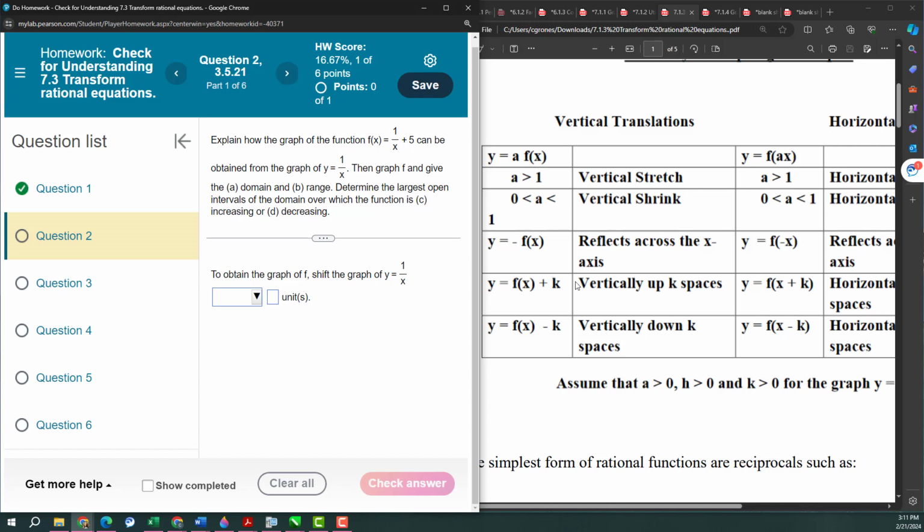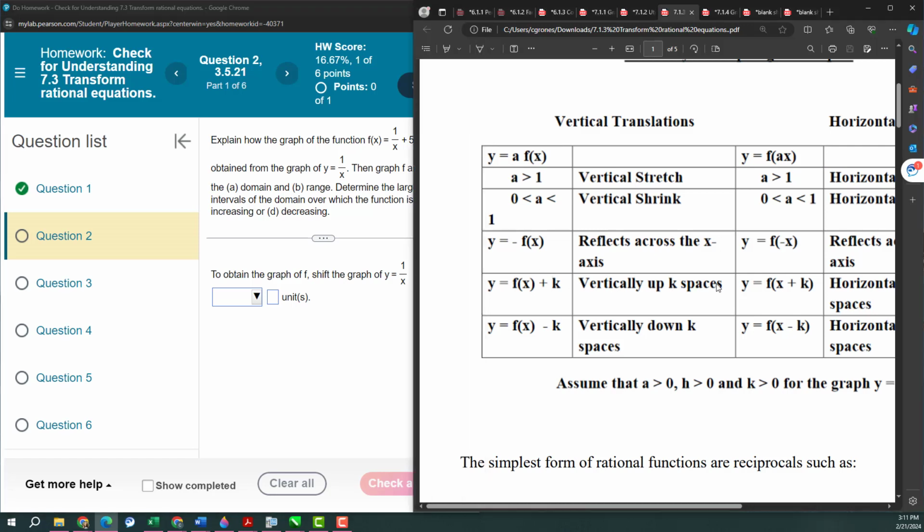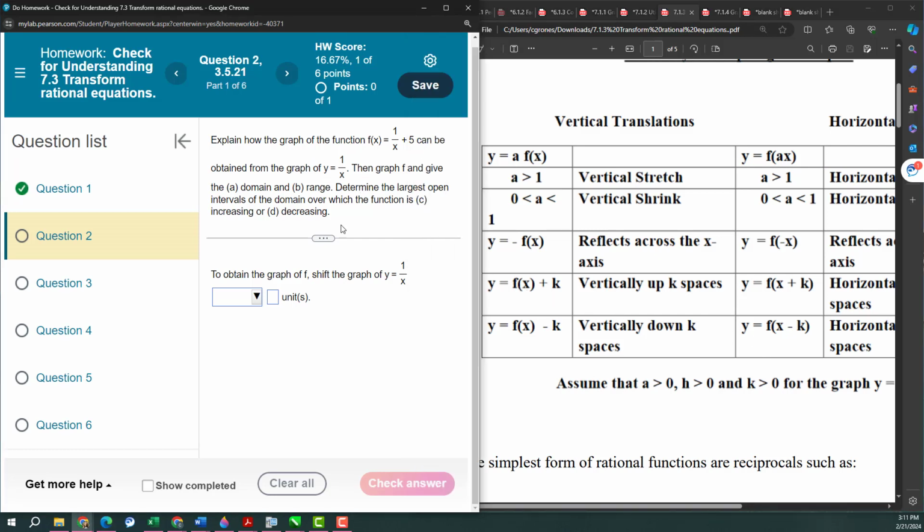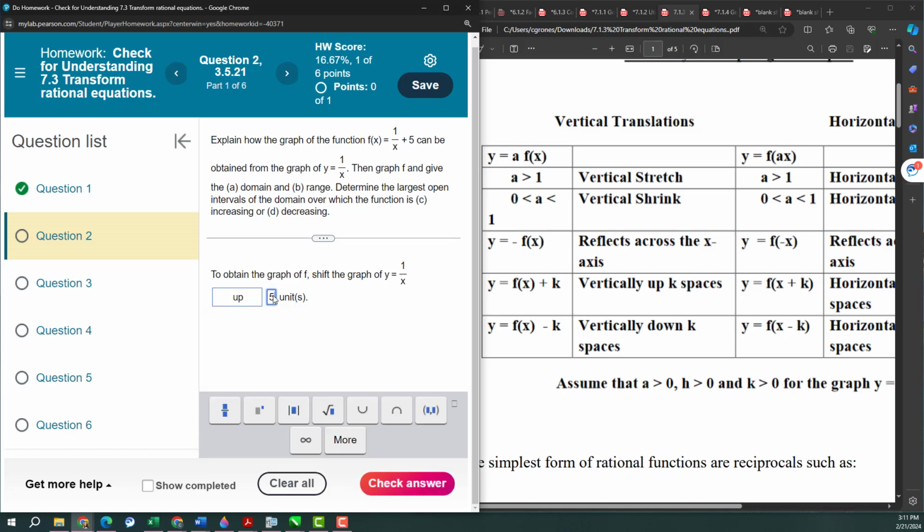So I've got a vertical shift or a translation of 5. So to obtain, shift the graph of y up 5 units.